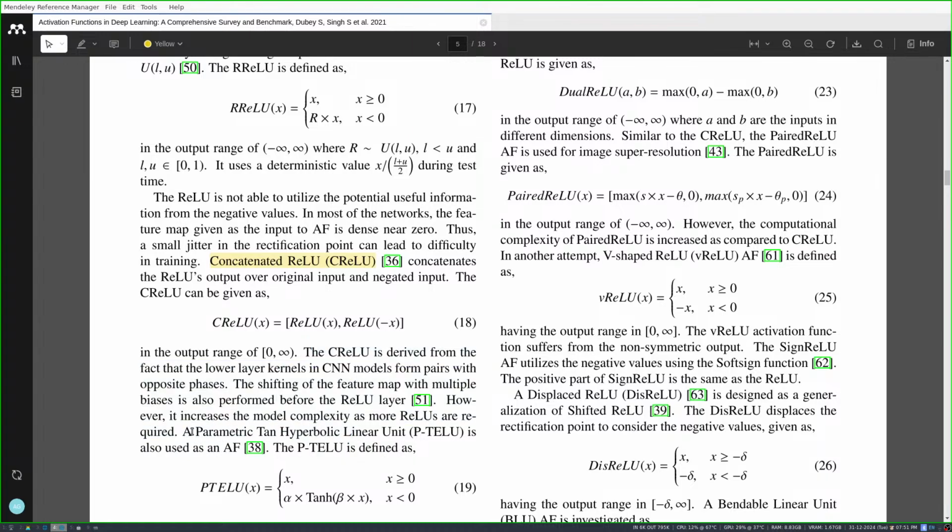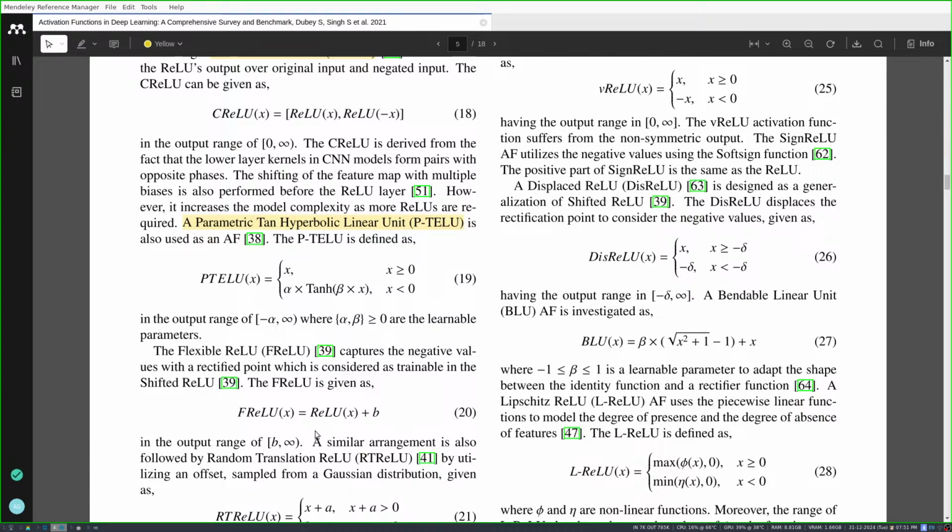Parametric and hyperbolic linear units. Okay, sure. The flexible ReLU captures negative values from rectified points. Flexible ReLU captures negative values with a rectified point, which is considered trainable in shifted ReLU.